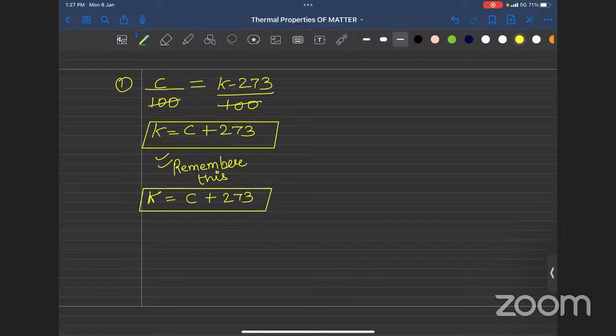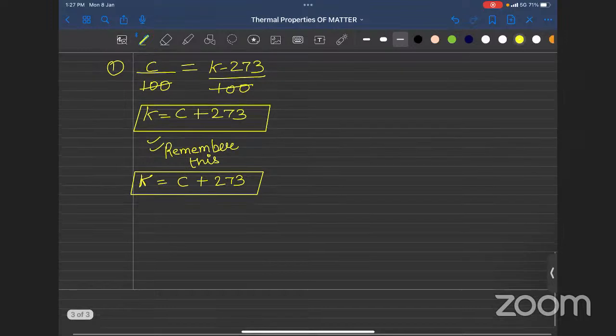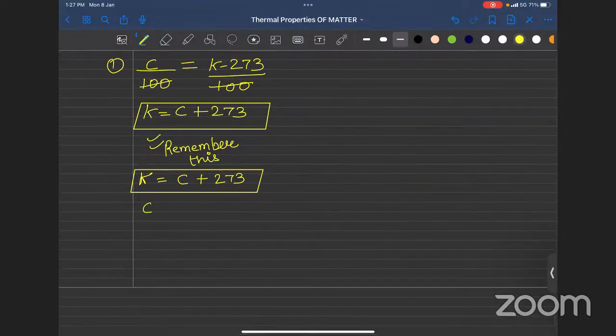So suppose I say, let's measure for the boiling point, that is 100 degrees Celsius. So when we insert this, we get K as 100 plus 273. This answer is 373 Kelvin.